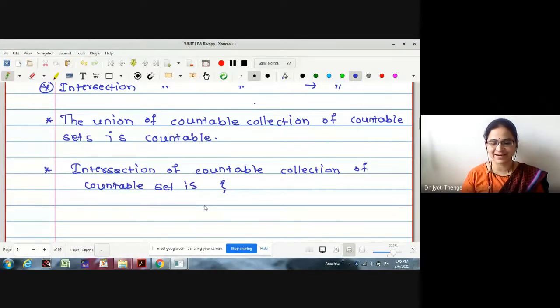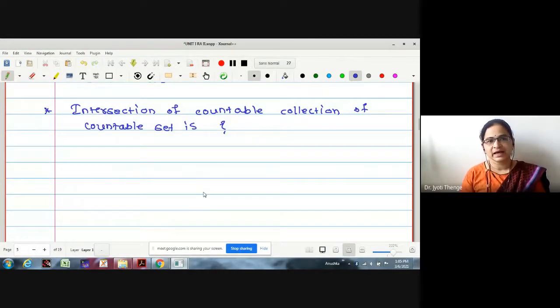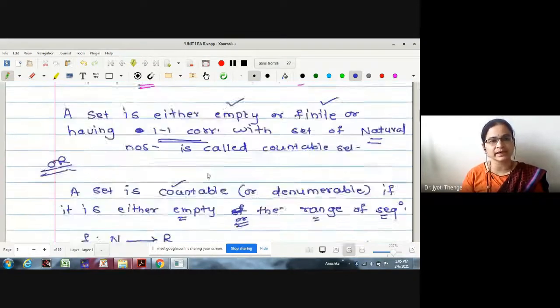Okay, just think on this. This is what about countability.